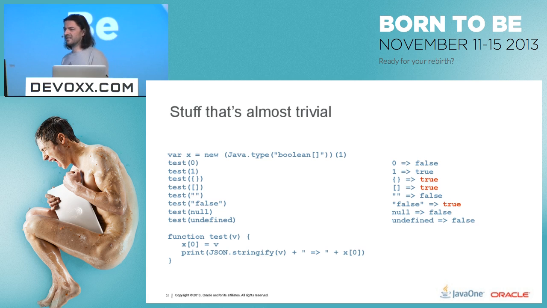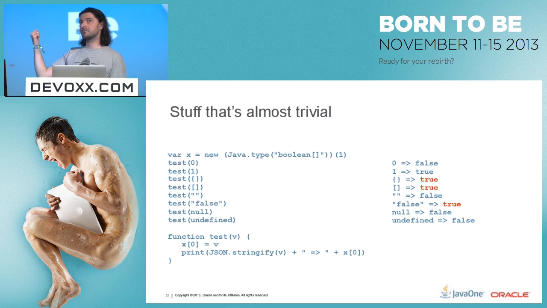So there are things that are mostly trivial. That expression in the first line basically tells you, retrieve me the type of the Boolean arrays and then create me a new one with a size of 1. If you think this looks ugly, then you should have seen how it looked in Rhino, which I will show you. And then I wrote this little test function, which is taking various variables and then printing what they become when you shove them into a Boolean array.